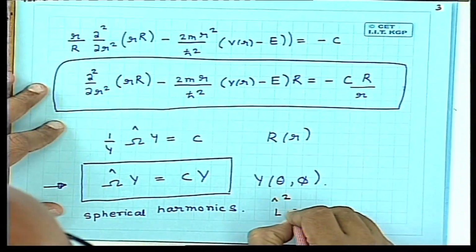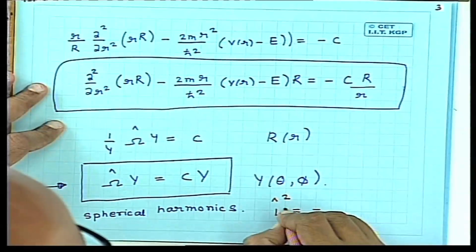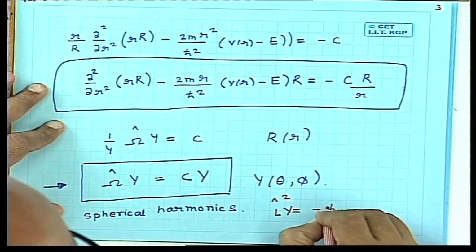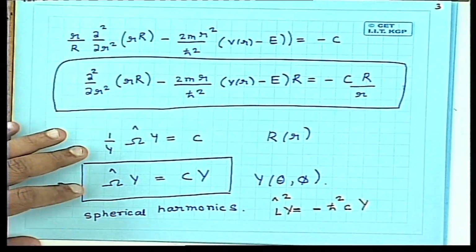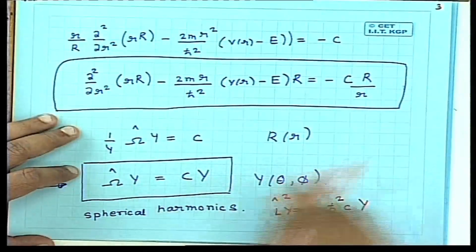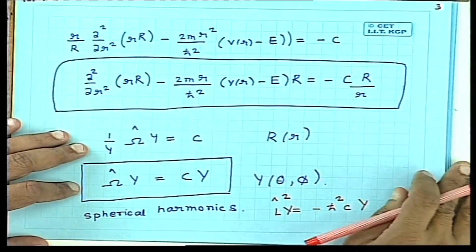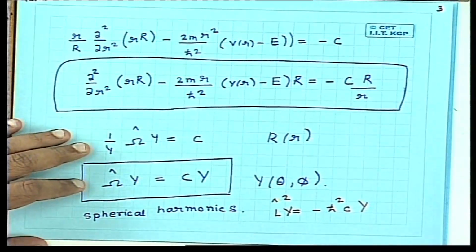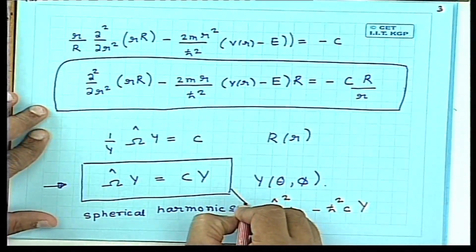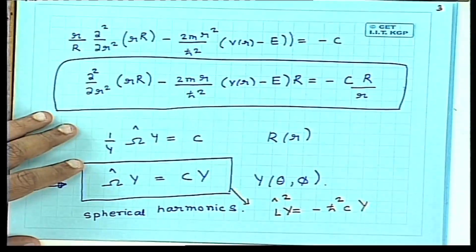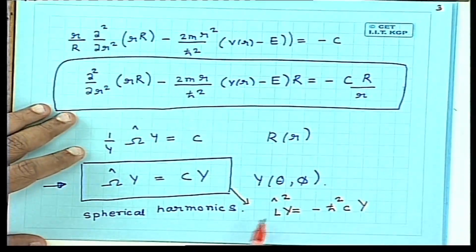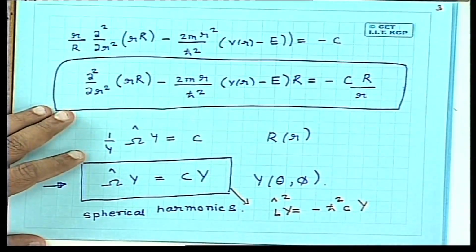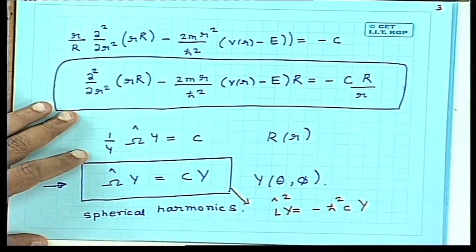So, this is equal to minus L square y is equal to minus h cross square c y, right, because the operator omega is L square by minus h cross square. So, this equation, the angular part of the Schrodinger equation, is the same as this equation over here, which basically tells us that these functions y are also eigenfunctions of the square of the angular momentum operator.